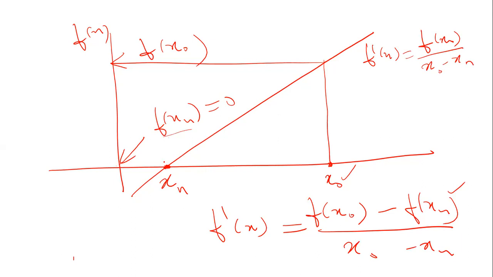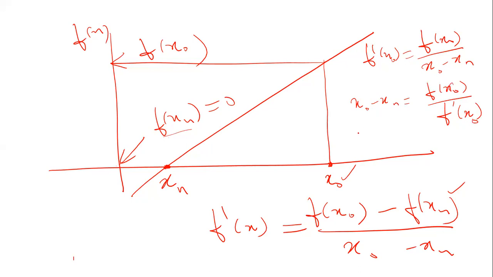So for the root, x0 minus xn will be f of x0 upon f prime x0. So this is your x0, right?